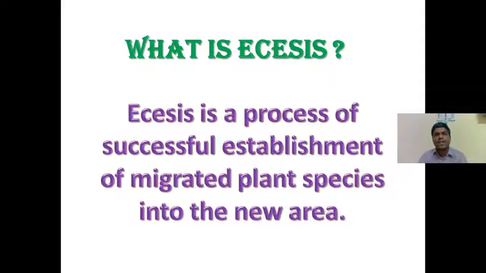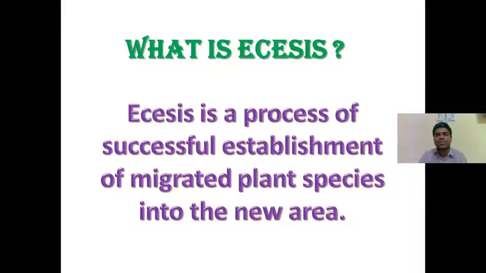If the seed has the ability to germinate, seed germination will take place, growth and development of the plant will take place, and the plant will survive in these climatic conditions of Maharashtra, because in Nainital the climate is very cold, whereas in Maharashtra it is very hot. But if the seed which we brought from Nainital germinates here and growth and development takes place, and the same tree produces flowers and seeds, then that tree is called a successfully established tree.